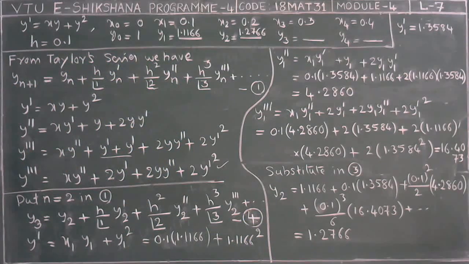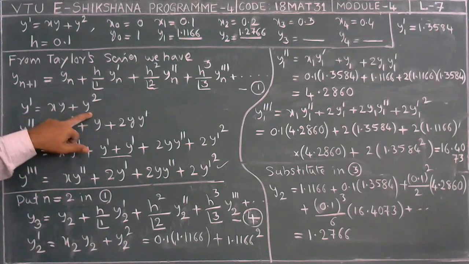So calculate this. Now y2 dash is x2 into y2 square. I need to calculate y2 dash. y2 dash is x2 plus y2 square, right?